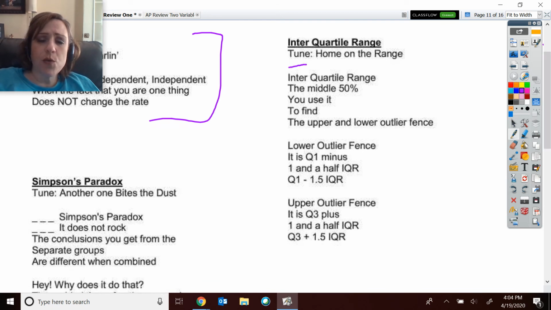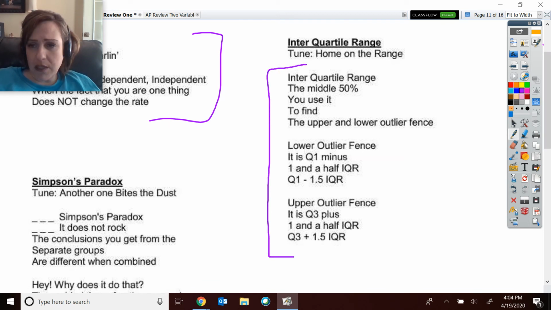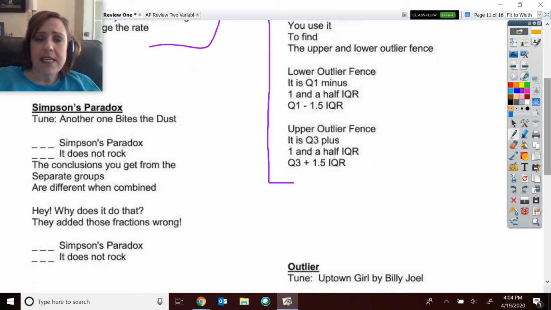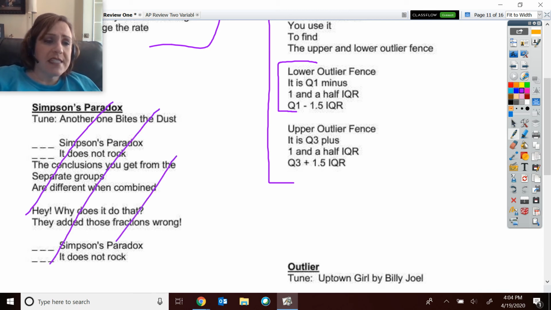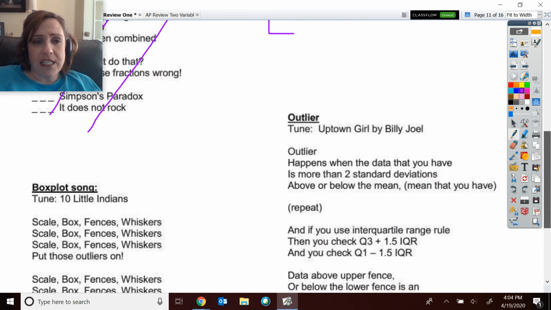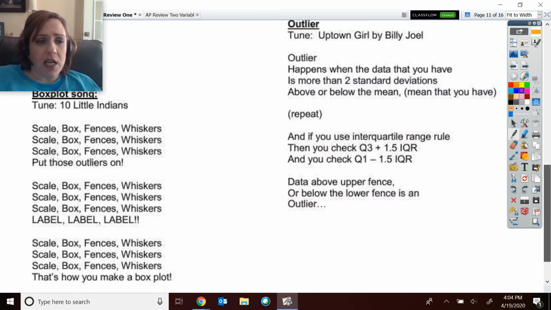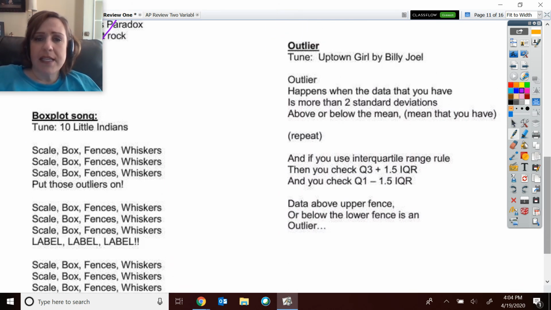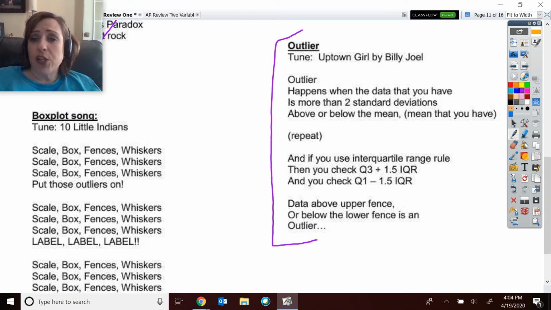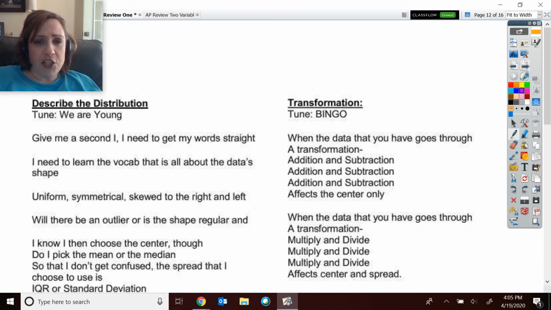Here's our interquartile range, the middle 50%, and then that tells us the lower fence, Q1 minus 1.5 IQRs, and so on. The Simpson's paradox is not tested, so that one is not a technical one. Here is our box plot song, and then there's your outliers, how you have those outliers. There's your describe the distribution.